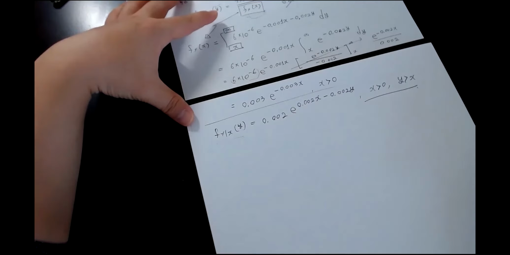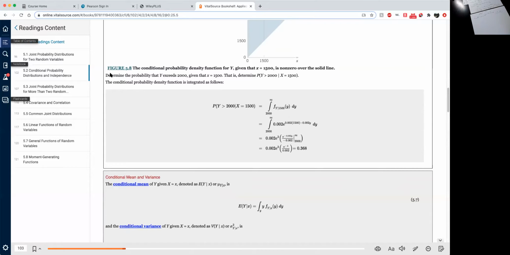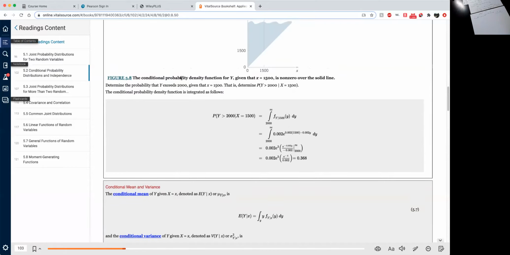Okay, give me a second. All right, so determine the probability that y exceeds 2000, given that x equals 1500. So that is, determine the probability that y is greater than 2000 given that x is 1500.